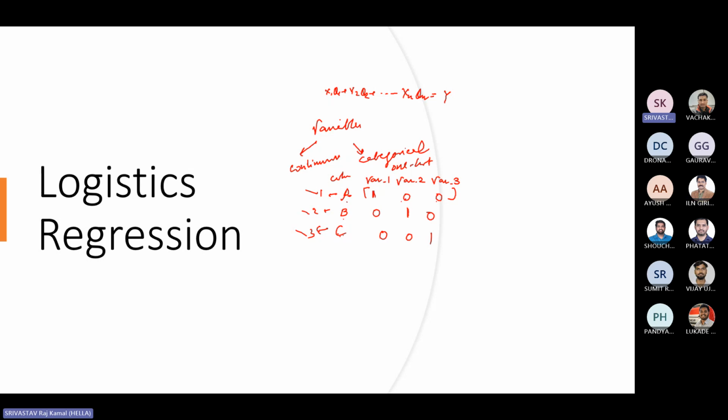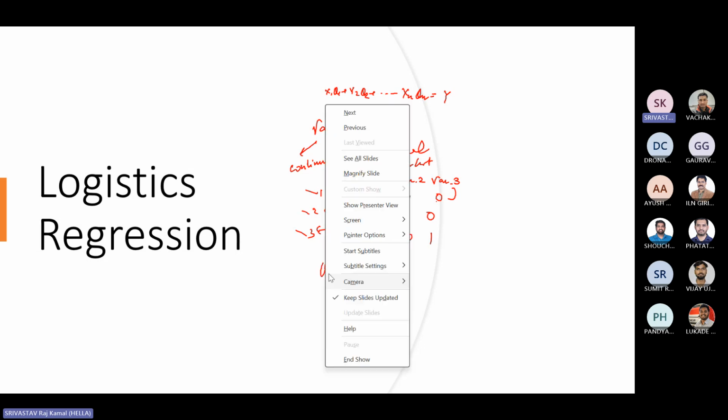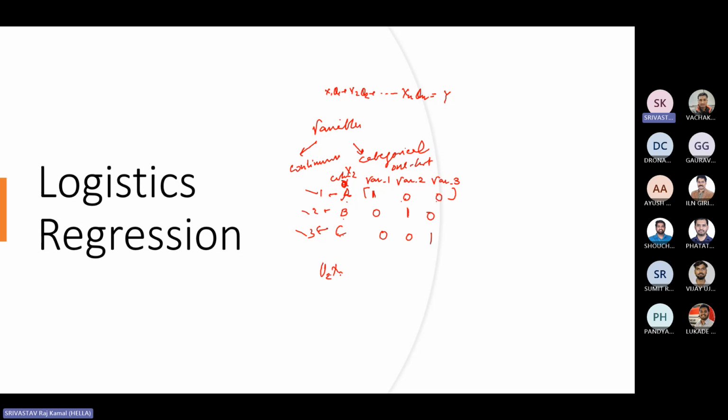Now this variable would be reflected in the algorithm as, suppose this is column x2. Ideally this would be theta 2 x2, but we cannot write x2, so this becomes theta 2 1 where the first bit is 1, theta 2 2 where the second bit is 2, theta 2 3 where the third bit is 3. So a separate theta will be assigned here, and these thetas are going to be trained based on this.